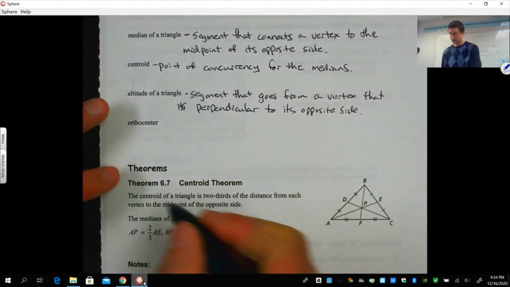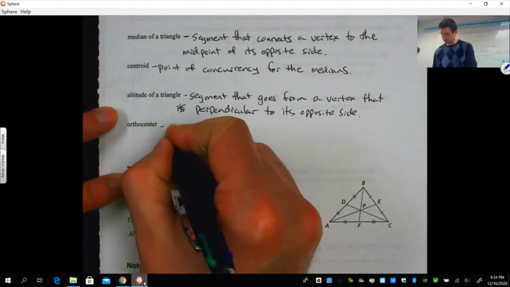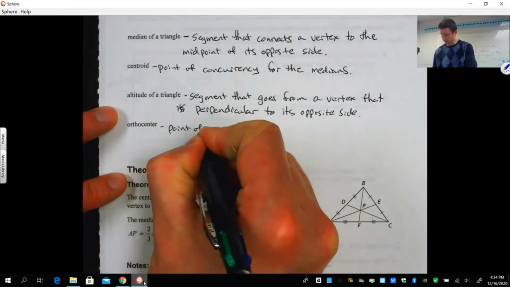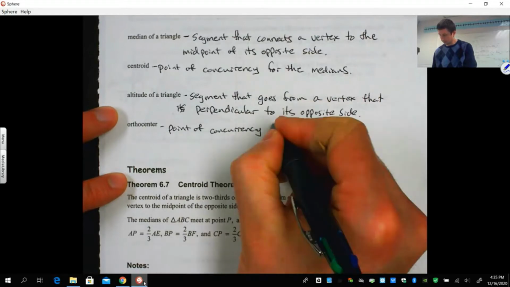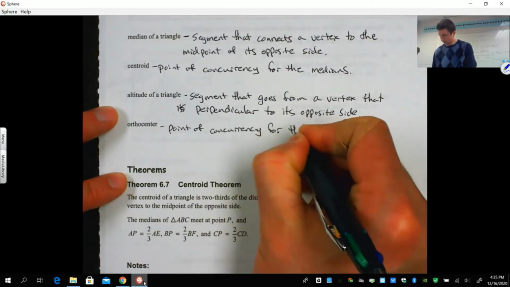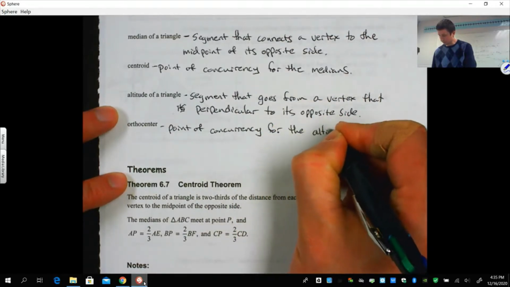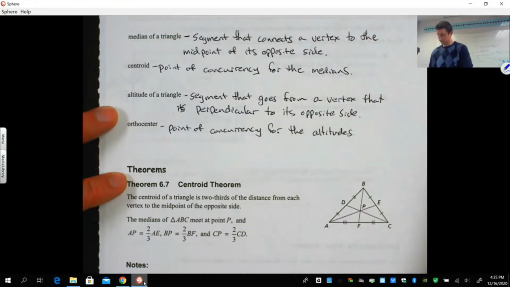And the orthocenter, that is what we call the point of concurrency for the altitudes. Point of concurrency for the altitudes.